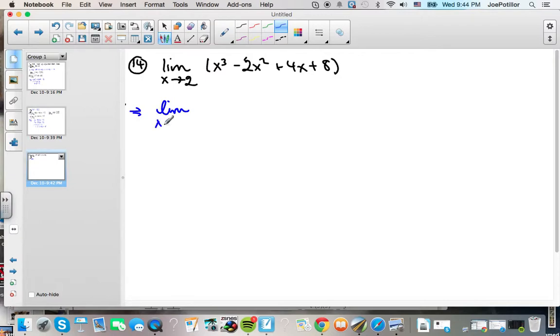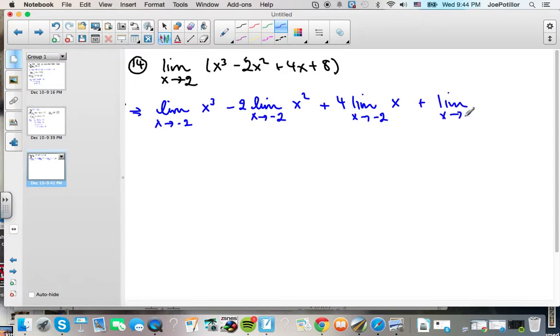Limit as x approaches negative 2 of x to the third minus 2 times the limit as x approaches negative 2 of x squared plus 4 times the limit as x approaches negative 2 of x plus the limit as x approaches negative 2 of 8. So now I can just plug in the numbers.